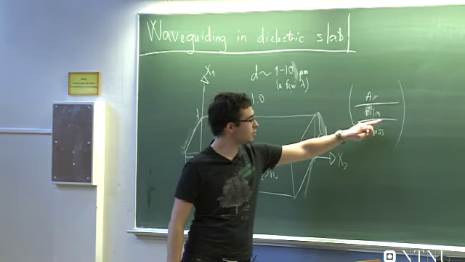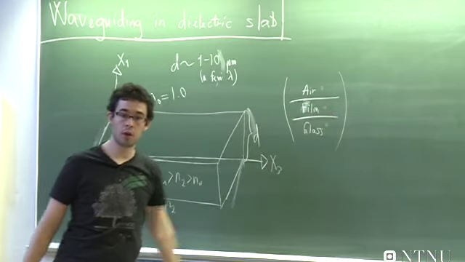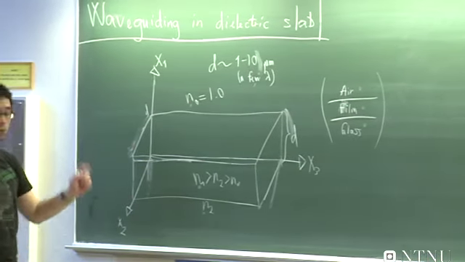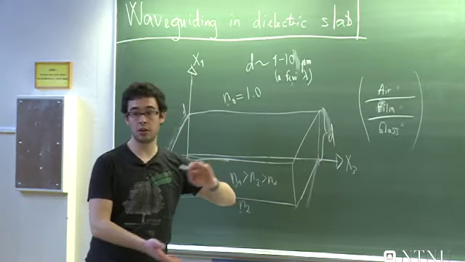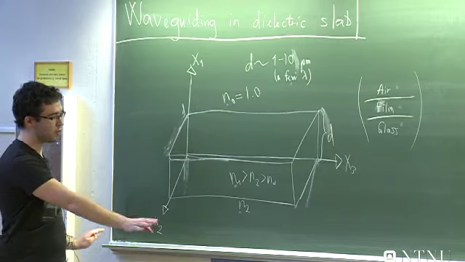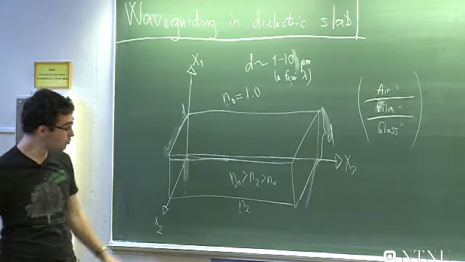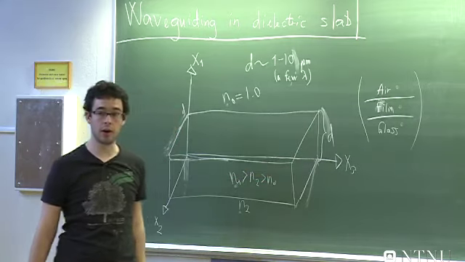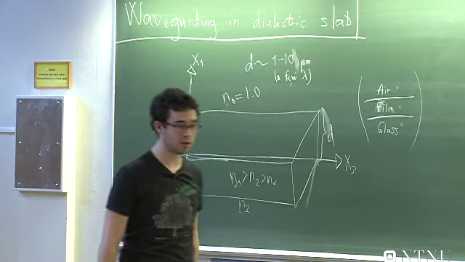The point is just that this index of refraction is low, and this film in the middle has a high refractive index compared to the two others. And here, D is the thickness of the film, okay? So it stretches out in the X2, X3 plane to infinity in both directions. And it's quite small in the X1 direction. That is, it's a few micrometers or a few wavelengths if you want.